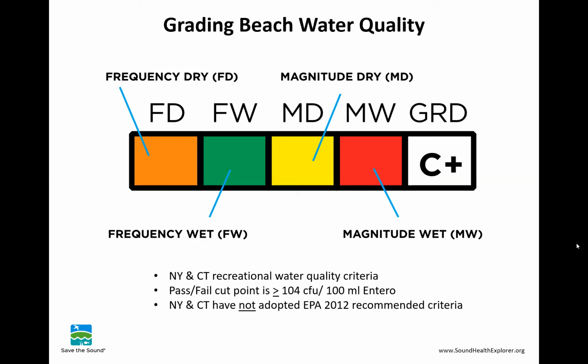We didn't feel that was an accurate reflection of the quality, because in addition to wanting to know whether or not it fails, the concentration of the contamination is really important for people to understand the relative health risk at any given beach.